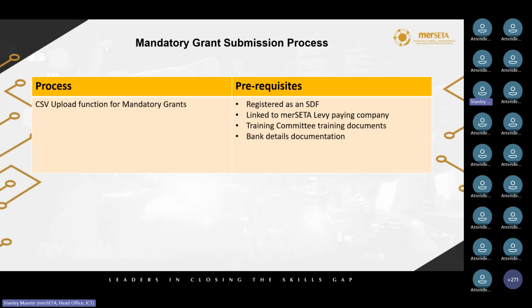And of course, you've been linked to a levy-paying company. This is strictly for mandatory grant purposes. In terms of the CSV upload function, you've got the training committee documents or bank details documentation. This is just to ensure that your process of submitting mandatory grant goes through smoothly. You will need to have these prerequisites.